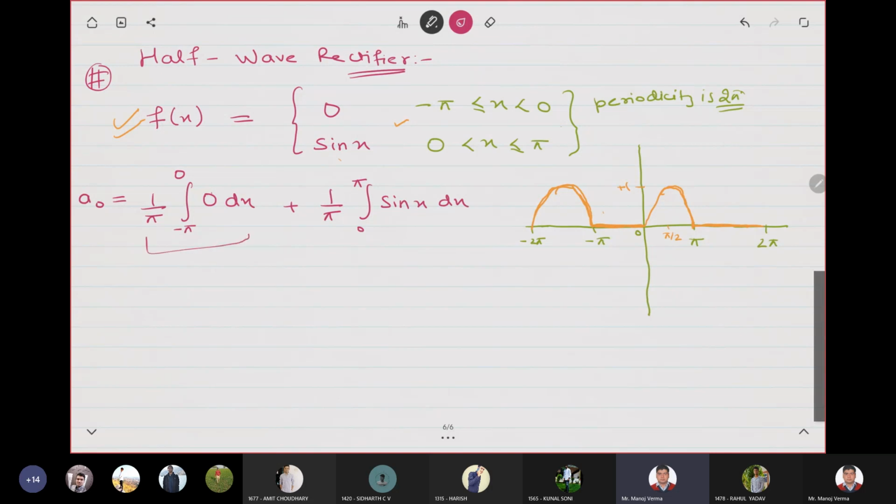The first integral will be 0, and the second integral will give me minus cos x in the limits 0 to pi. So it will be 1 over pi times minus cos pi minus cos 0, which will be plus cos 0.